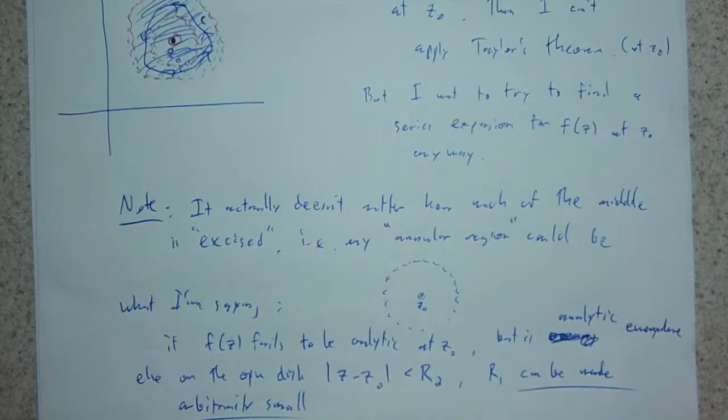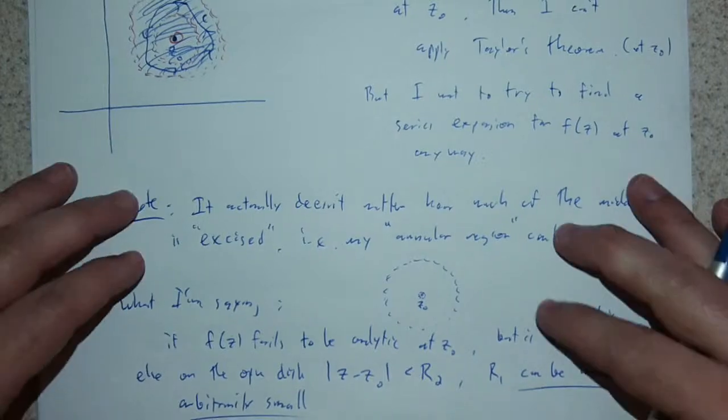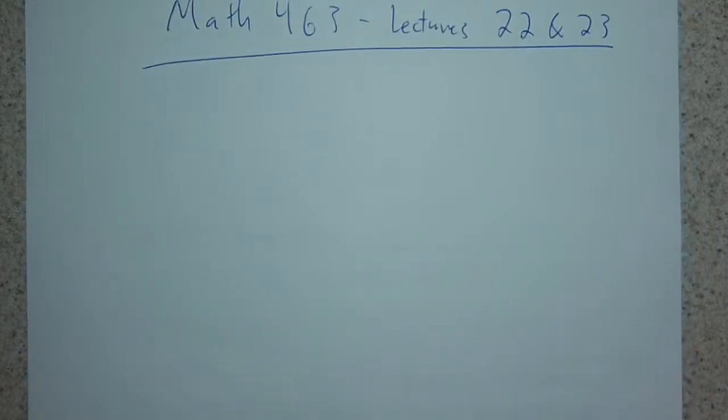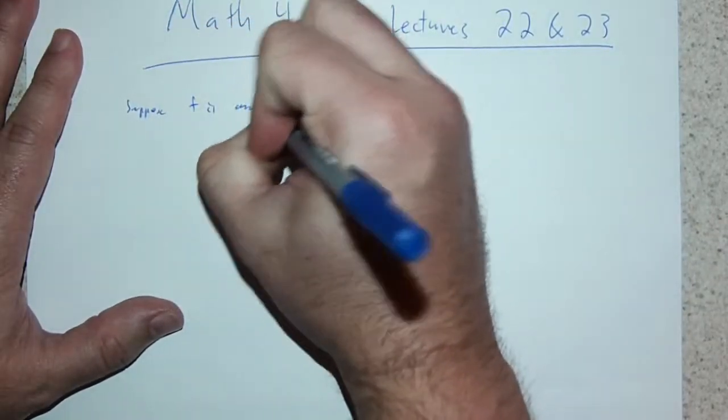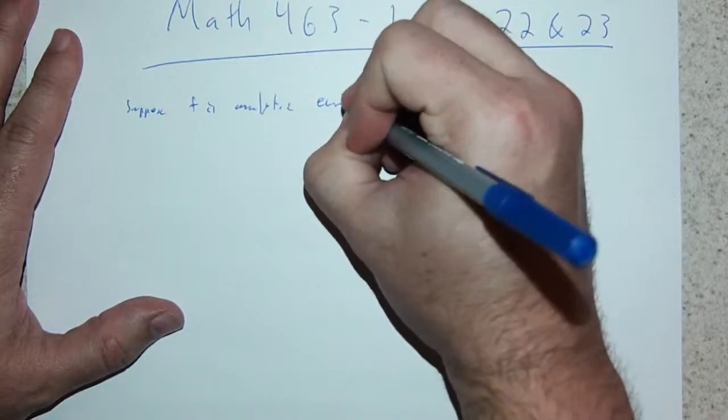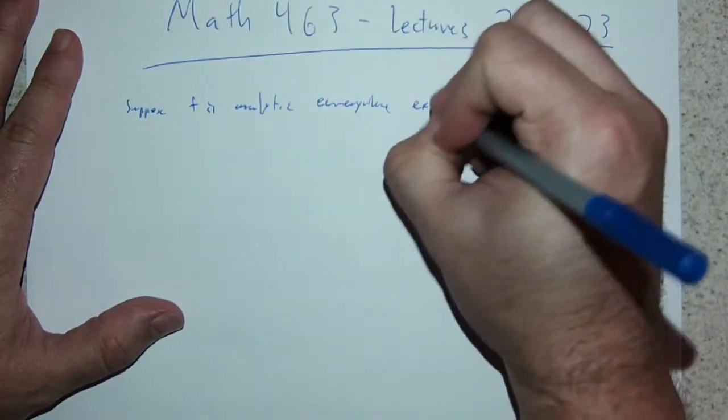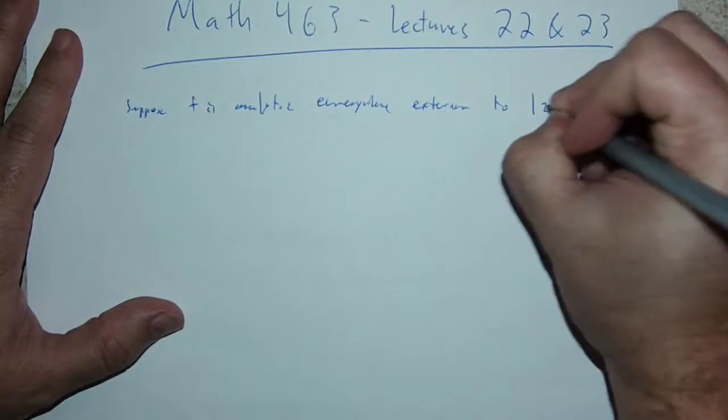All right. What about the other case? What about the case where f is analytic everywhere exterior to the inner circle? Suppose f is analytic everywhere exterior to the inner circle.